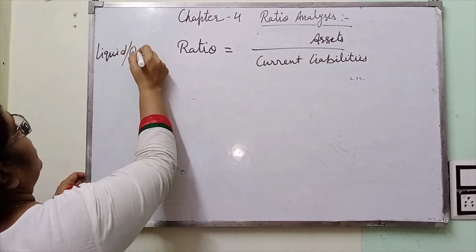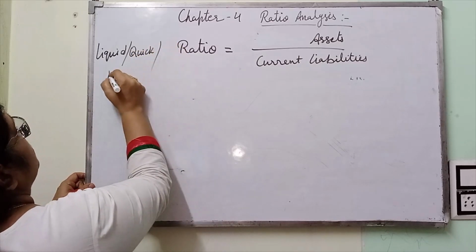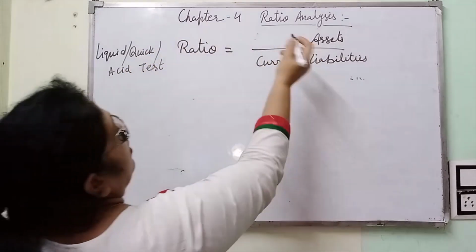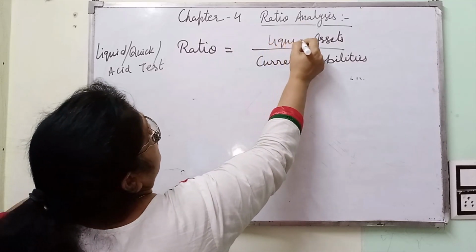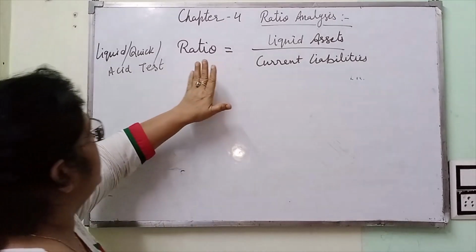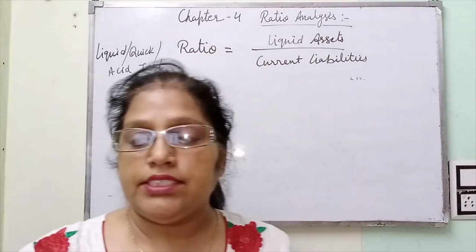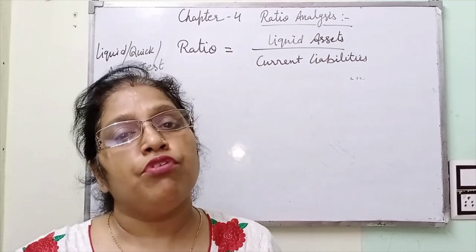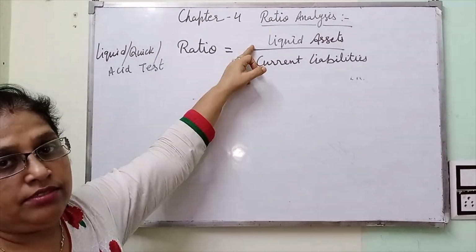We can say quick ratio or acid test ratio. The formula for it is liquid assets upon current liabilities. Now, what do you mean by liquid assets or quick assets or acid test assets? The assets which can be easily converted into cash within 24 hours will be included in liquid assets.